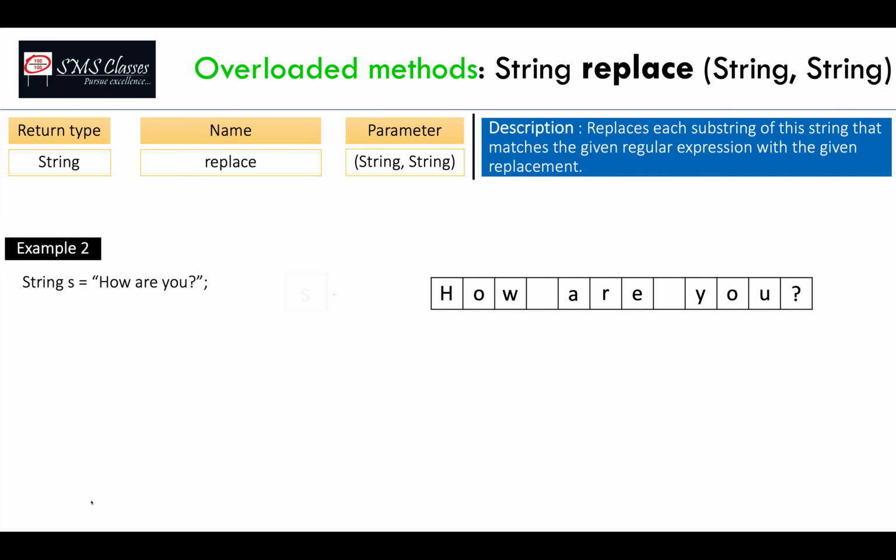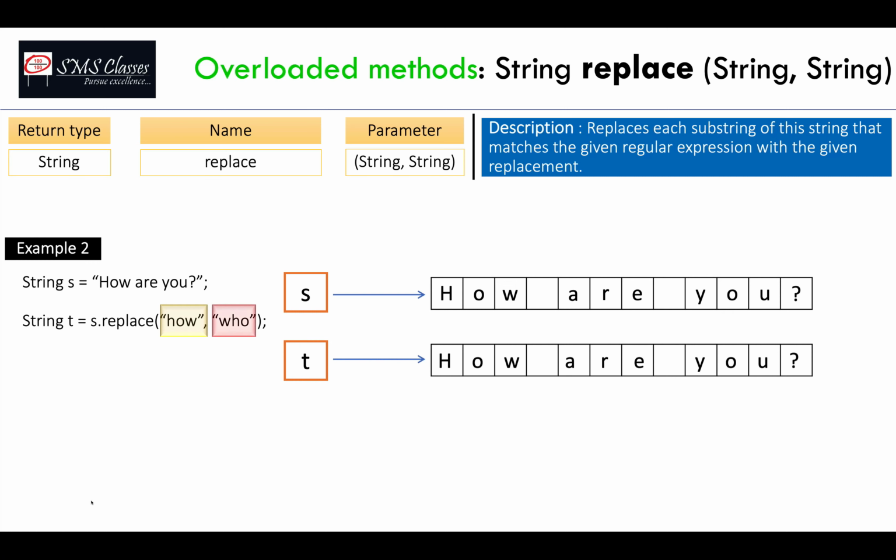One more example. We take how are you and we replace how by who. But if you see, there is no change happening. The original string is printed as it is. Why? Because we gave small letter how, so that is not found in the string, so it returned as it is.